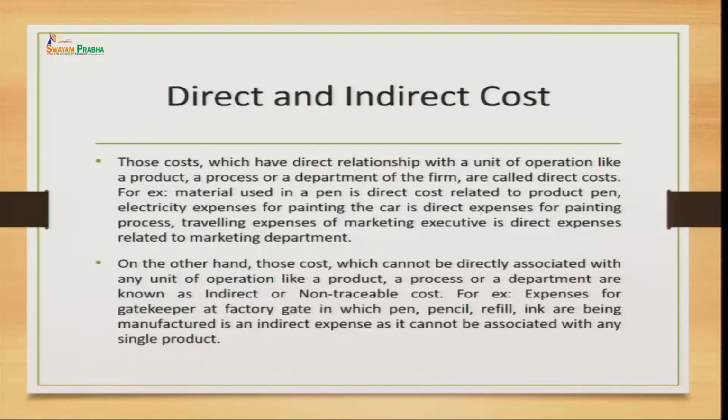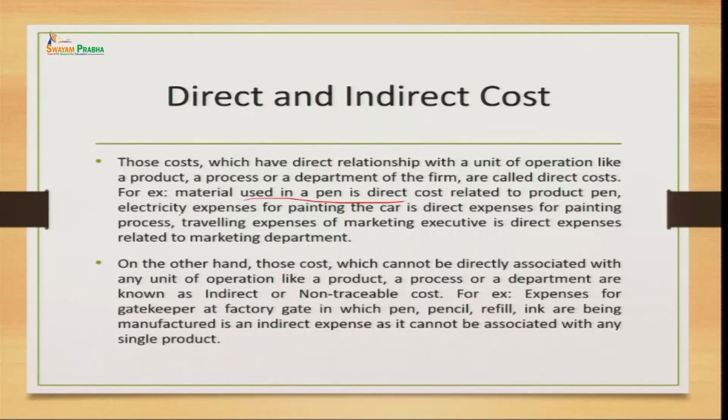For example, the material used in a pen, the pen which I am using right now, the material of which it is made would be a direct cost, because we can easily calculate the cost of the material used for manufacturing this pen.